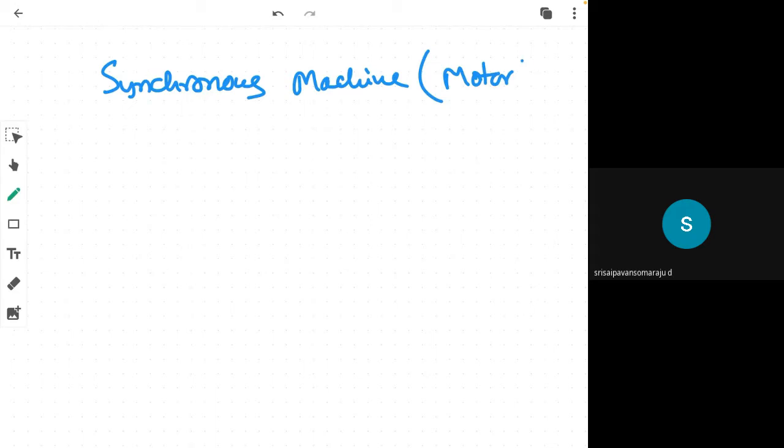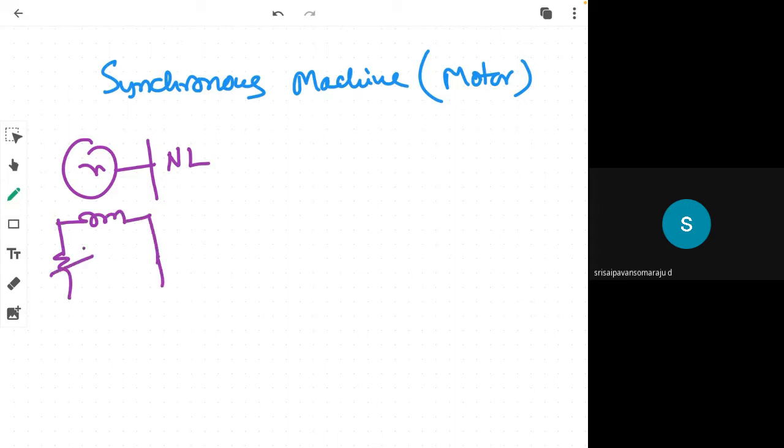When it is operating as a motor, it is not supplying any load. It is operating under no load. Reactive power control is there.